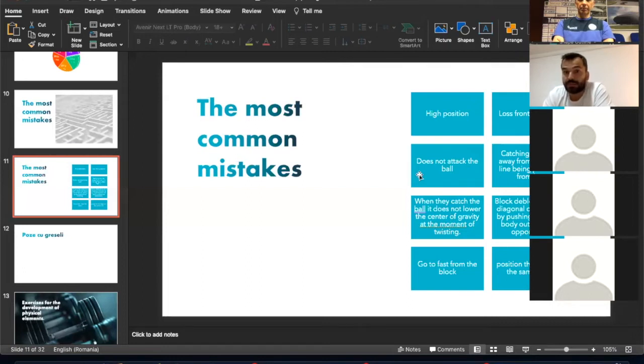And about attacking the ball, most of them stay close to the opponent, to the defender, and the ball comes, and sometimes the opponent steals your ball because you don't step in front to take it.